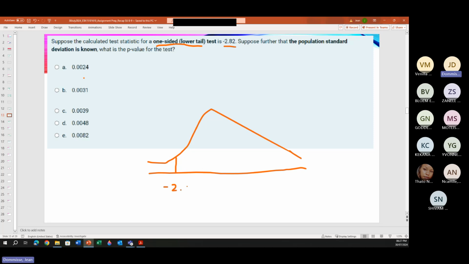Minus 2.82. Suppose further that the population standard deviation is known, so we can work with a z. What is the p-value?